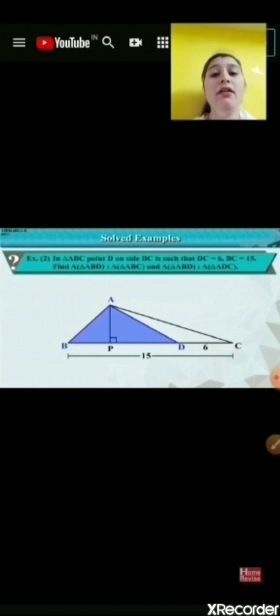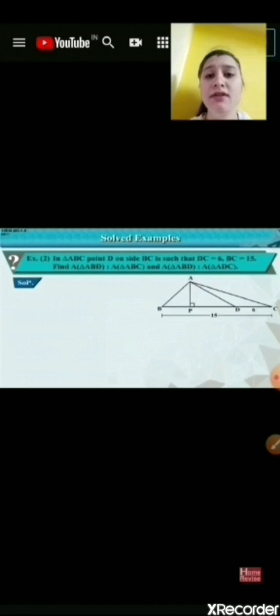And area of triangle ABD is asked and ADC is also asked. So let me start. A is the common point, common vertex of all the triangles. Their bases are therefore collinear. So when I am talking about collinear, they all lie in a straight line.